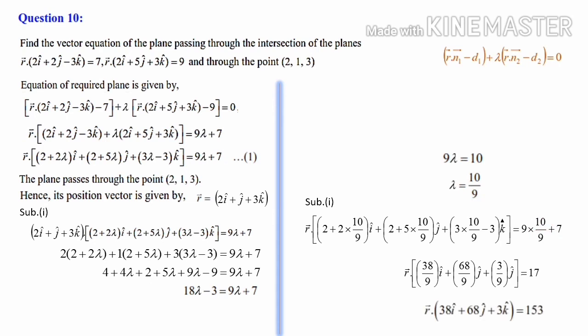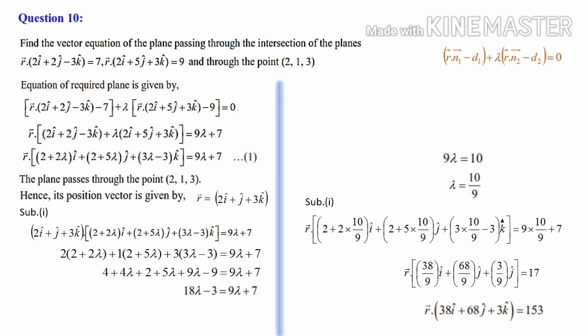Here 9 into 2 is 18, 18 + 20 is 38 by 9 into i cap. Then 9 into 2 is 18, 18 + 50 is 68 by 9 for j cap. Then 9 into 3 is 30, 30 - 27 is 3, so 3 by 9 into k cap, equal to, here the 9 cancels, 10 + 7, that is 17.